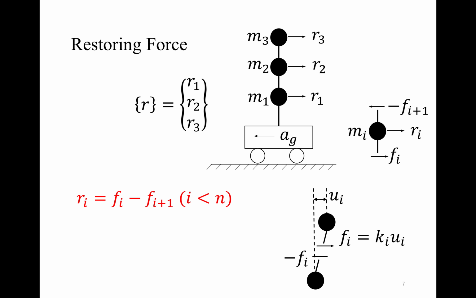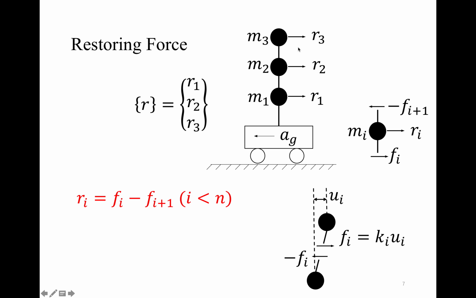Because for one floor, there is one shear force in that direction, and then there will be a symmetric force on the other side, acting inside the spring, on the inside of the column or the frame. This is why the force here is positive and the force here is negative. So it is Fi minus Fi plus 1 if i is smaller than n.